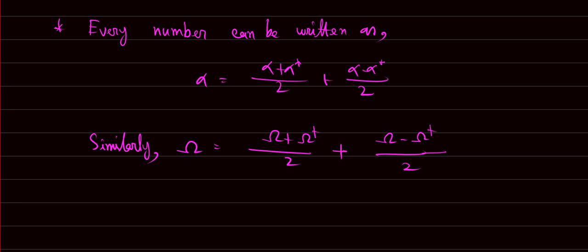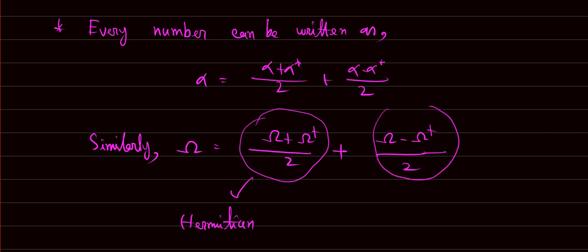So if you carefully see this part, only this part, if you take the transpose of this, it is Hermitian, it does not change. And this part gets changed and there is a minus, and the transpose sign is transferred and it is minus equal to itself.